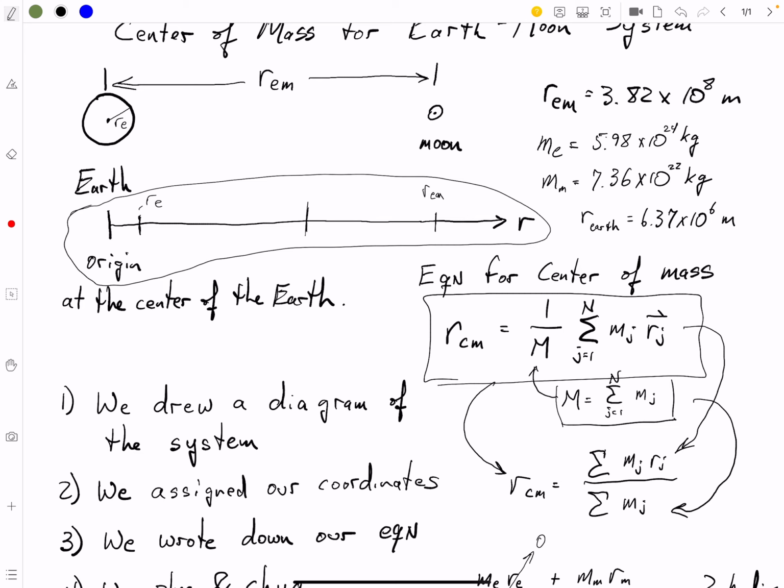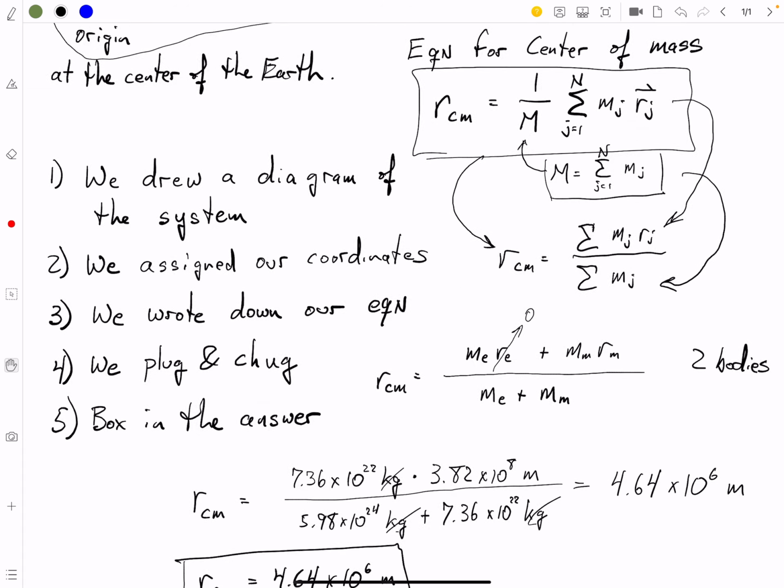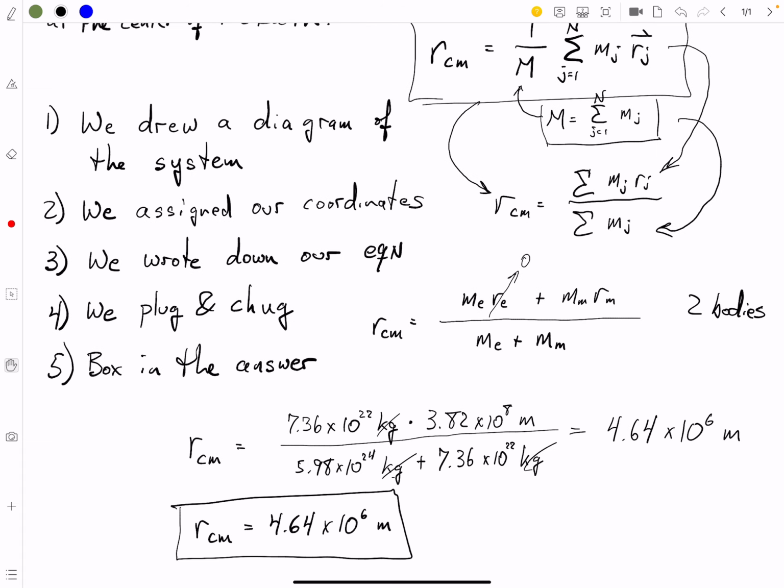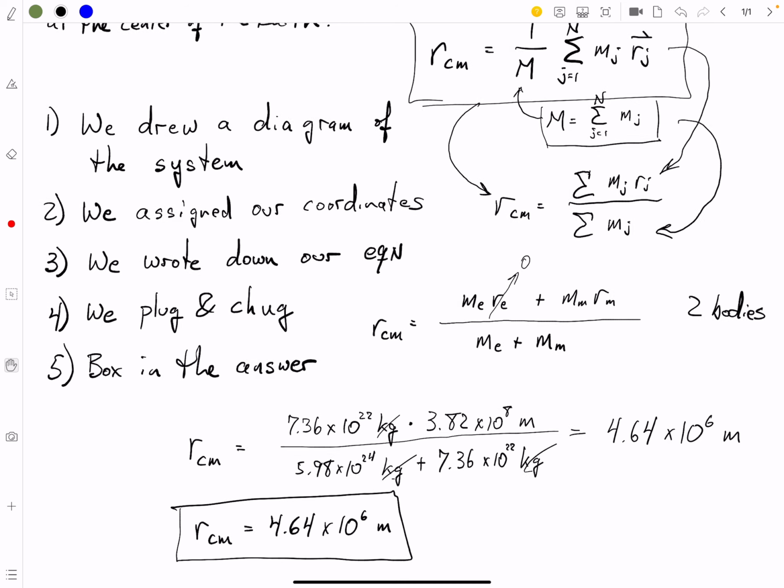Okay, so that's this distance right here. 6.37 times 10 to the 6. That's that. What did we come up with? We came up with 4.64 times 10 to the 6.